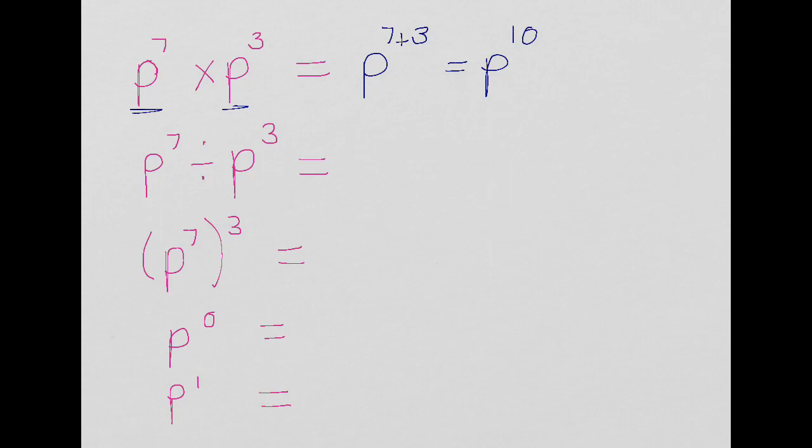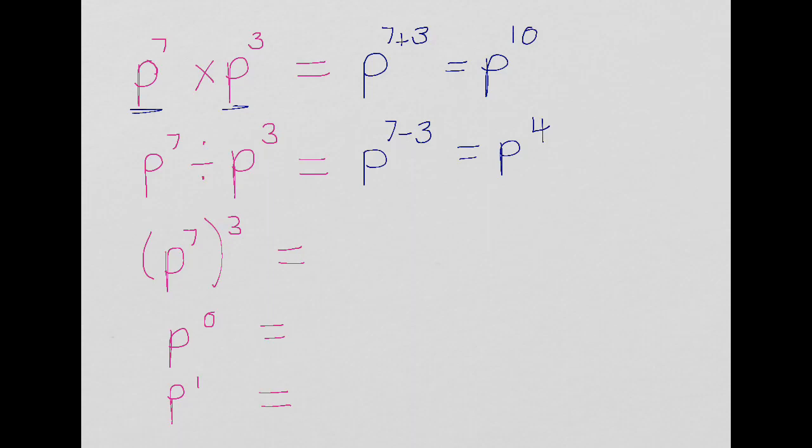Because when they're multiplying and the bases are the same, notice the language I'm using, I need you to be using that language, so they're multiplying with the bases the same, I add the index and I get 10. So here again, dividing, the bases are the same, so I put P, and they're dividing, so I now am going to subtract, and that's P to the power of 4.